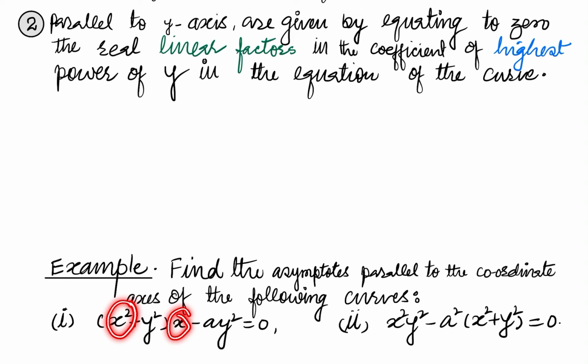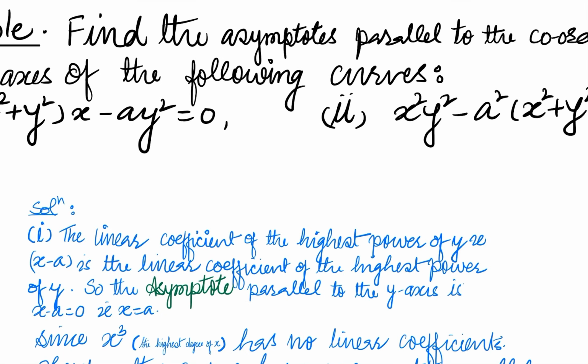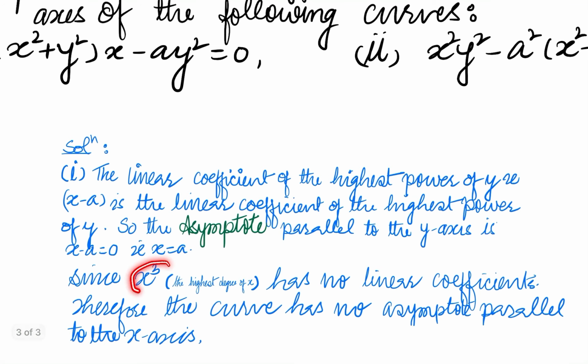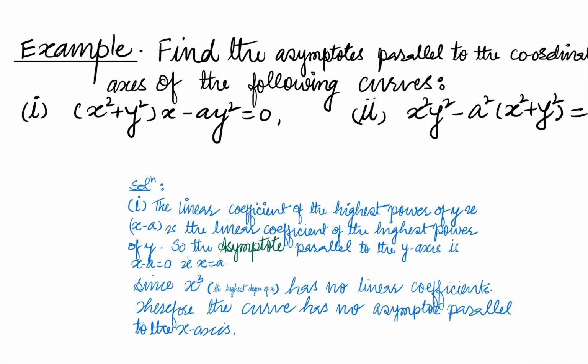So we cannot calculate an asymptote parallel to the x-axis, but the asymptotes parallel to the y-axis can be calculated. The highest degree of y is y square, and its coefficient is x minus a. When you put x minus a equal to 0, it becomes x equals a. So this is the asymptote parallel to the y-axis, and there is no asymptote parallel to the x-axis. That is the solution of the first part. Just take a screenshot and appreciate it.